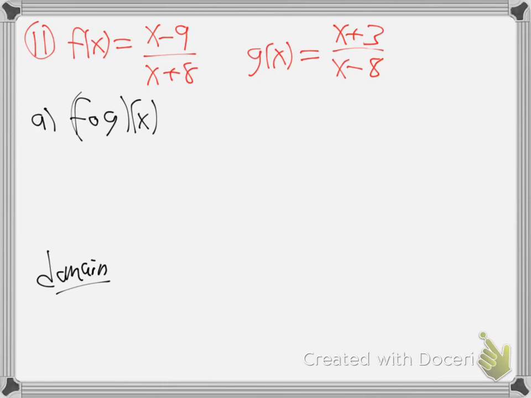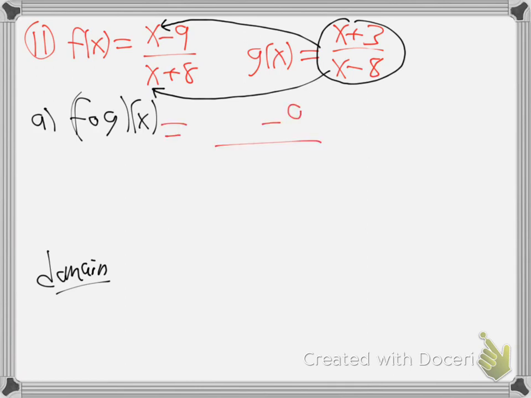Well, you're going to plug g in for x in f. That whole g in for x, right? Whole g. And right there. And right there. So you're going to have x plus 3 over x minus 8. Okay, let's write out what we got.